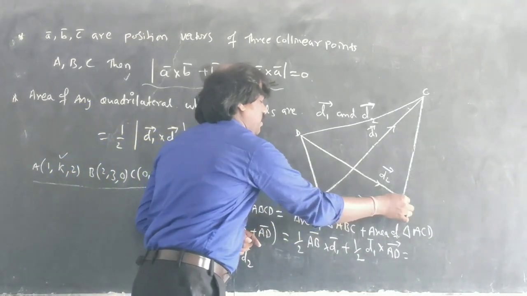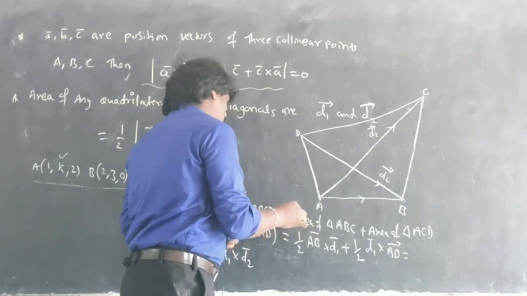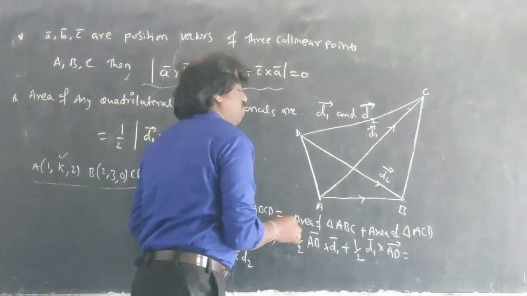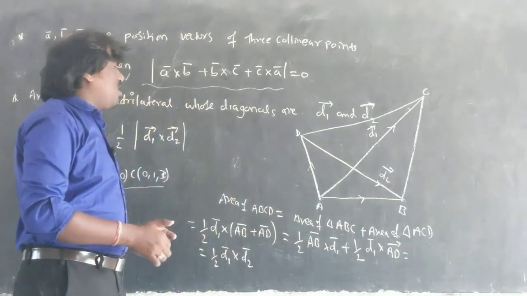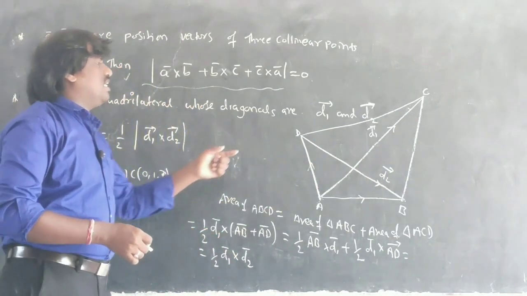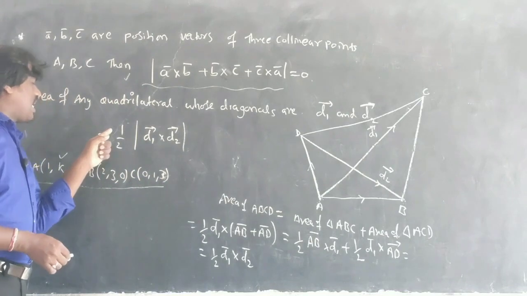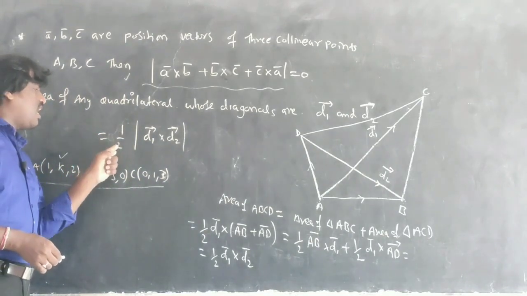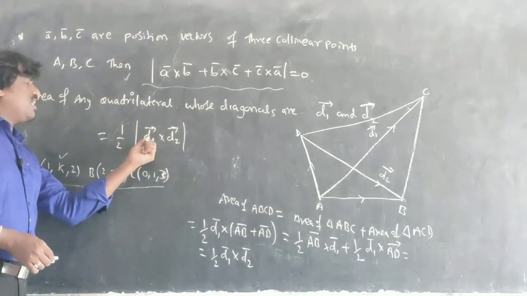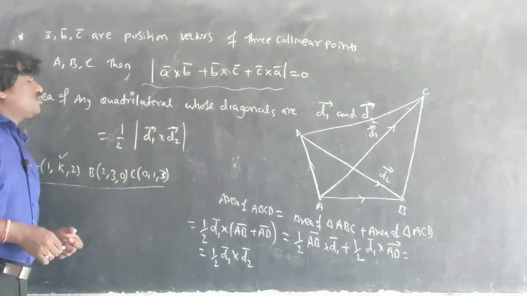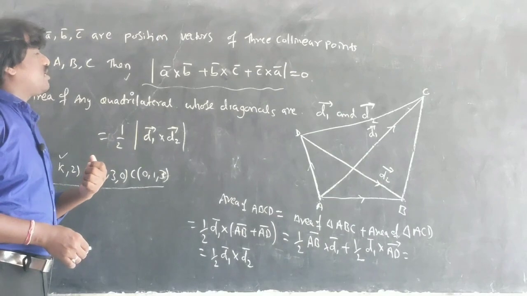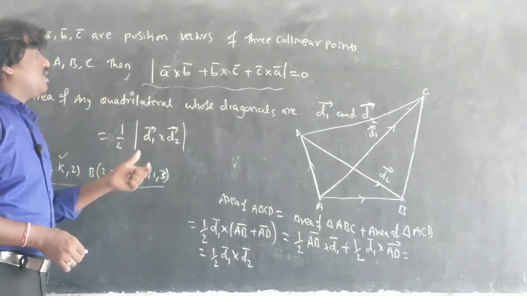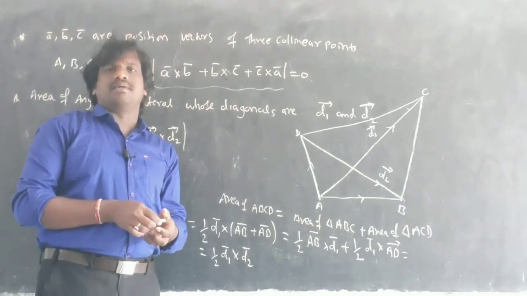Then that value will be what here? D2 vector. So hence the area of a quadrilateral whose diagonals are given is half modulus of D1 cross D2. So this is the area of the quadrilateral, and this is the area of a triangle, and if they are collinear then the area of the triangle will be 0.